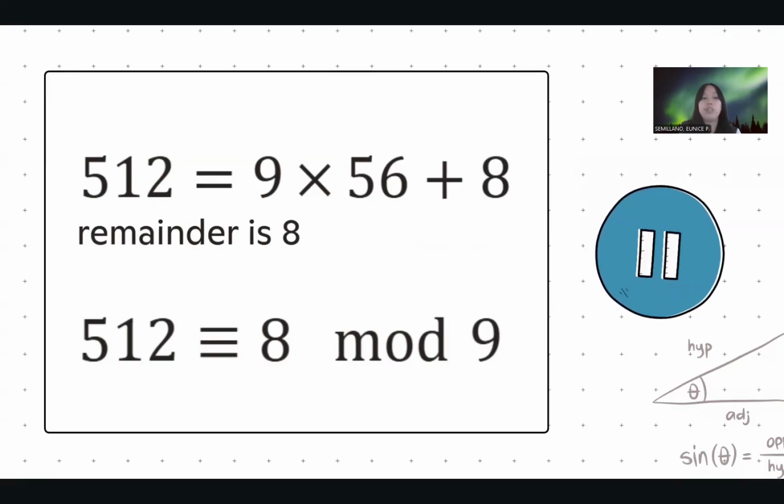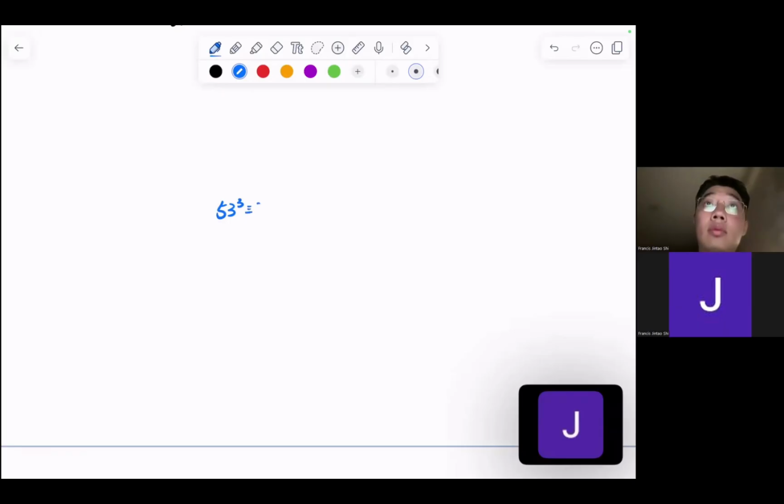So 512 is the A, 9 is the Q, 56 is the M, and 8 is our R, or our remainder. So therefore, we conclude that 53 cubed is congruent to 8 mod 9. And our final answer is 53 cubed is congruent to 8 mod 9.